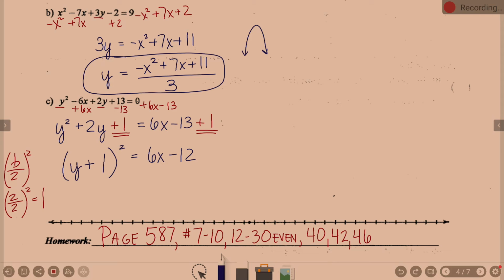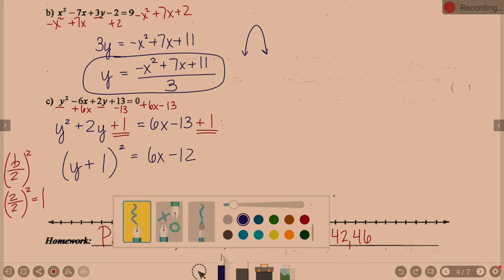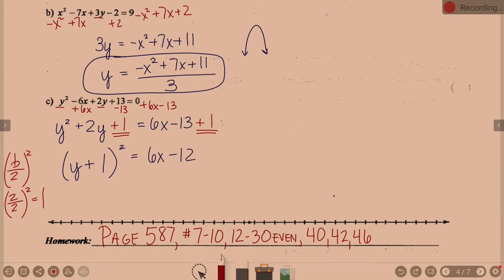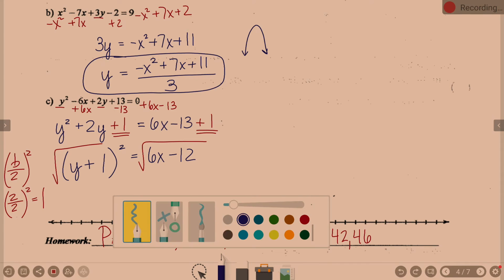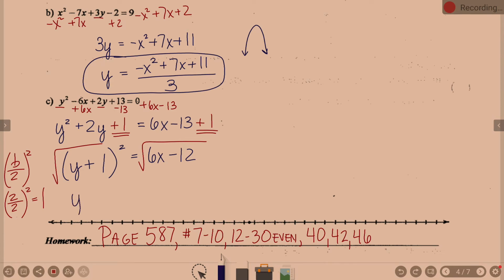And then you solve this just like we did on example A. If it's y plus 1 quantity squared, we're going to square root. If you square root the left, you square root the right. So y plus 1 equals plus or minus the square root of 6x minus 12.